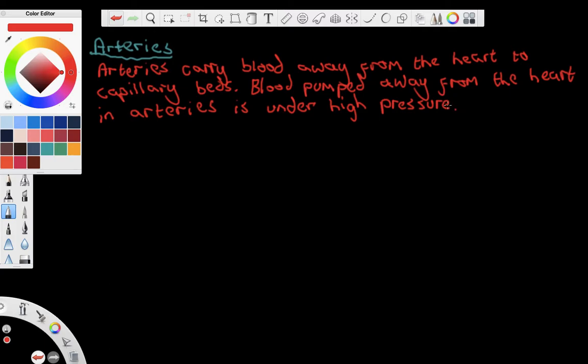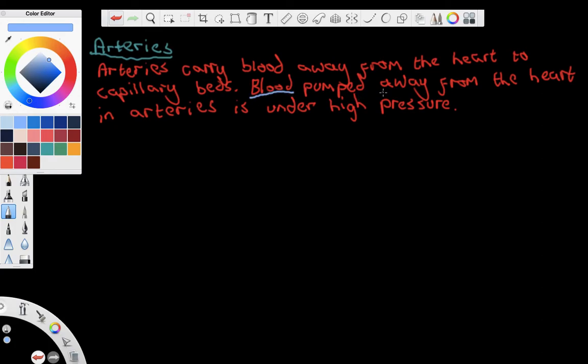Now this is important to remember. Whenever we're talking about the adaptations of the arteries, you need to remember that the blood is under high pressure. Okay? So this will always help you to think of the adaptation.